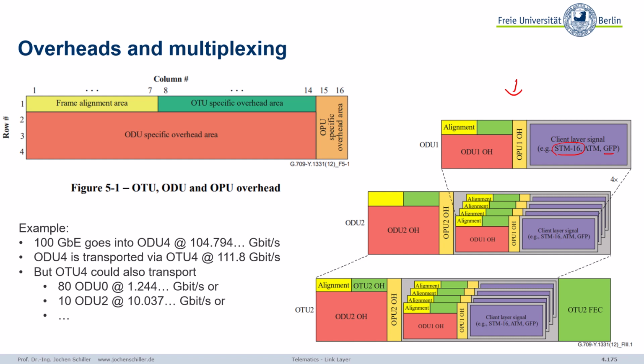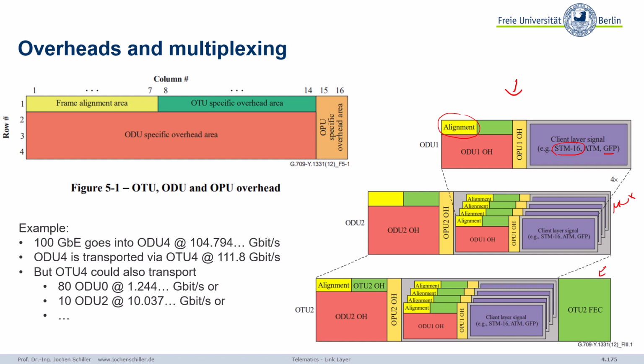We insert a lot of redundancy, some alignment because different data rates, and then we multiplex, for example, 4 times such a frame into the next level of hierarchy, and then we take this and add some more forward error correction, some more redundancy to be able to reconstruct the original data if there was an error.